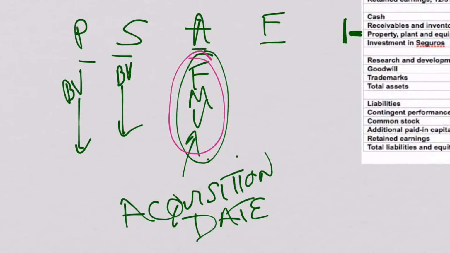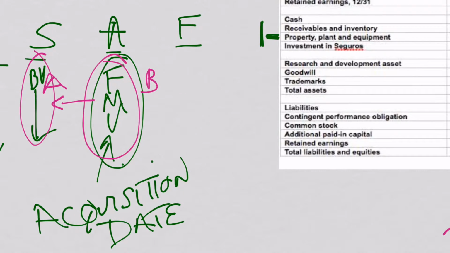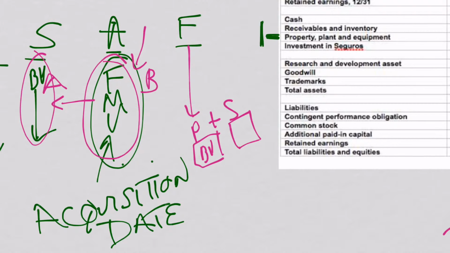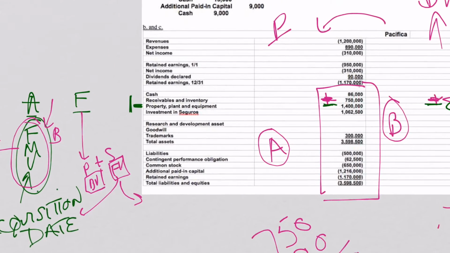So we compare it to the book value here, and in order to go from point A to point B, we're going to need something in here to bring those to that fair value, so that when we get here, it's a combination of parent book value amount plus subsidiary's fair value at date of acquisition equals acquisition date balance sheet. Voila. And that's what we're doing.